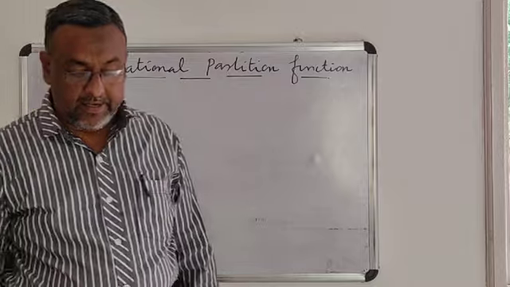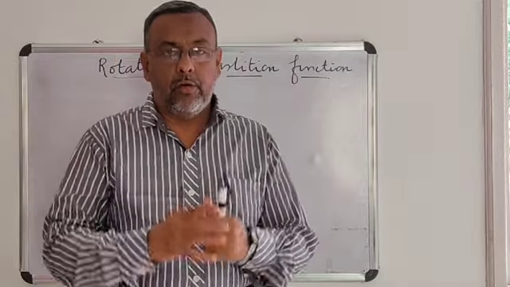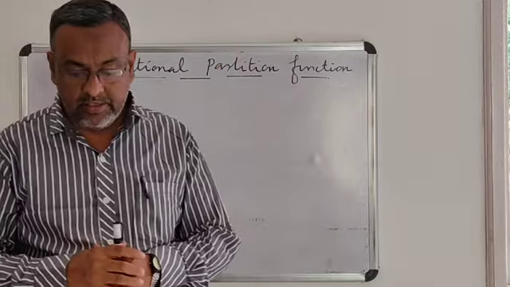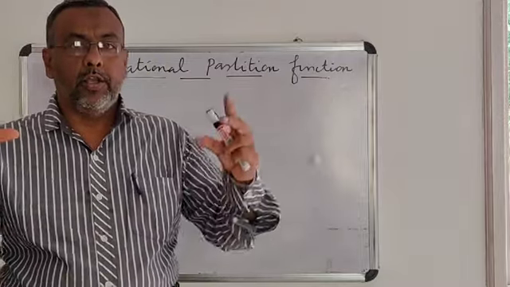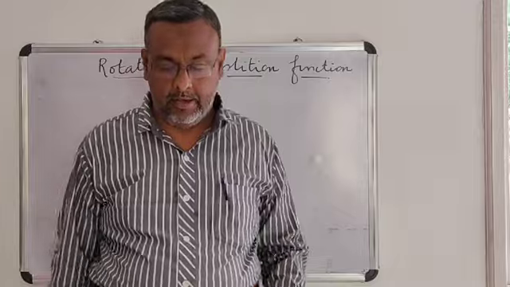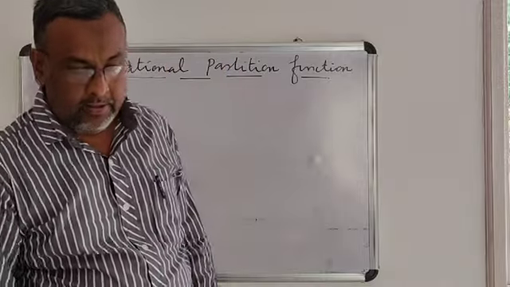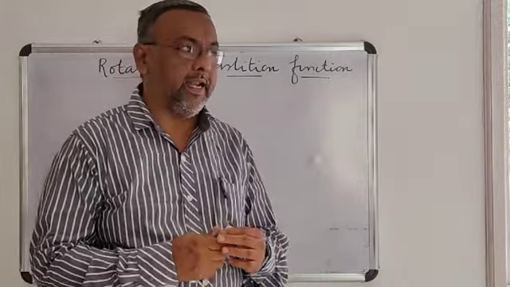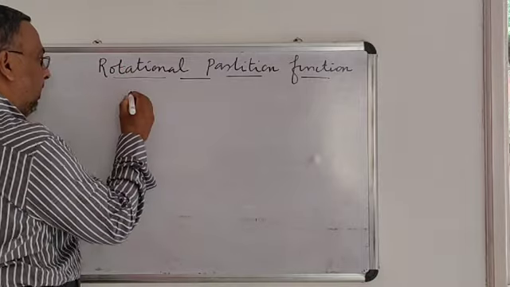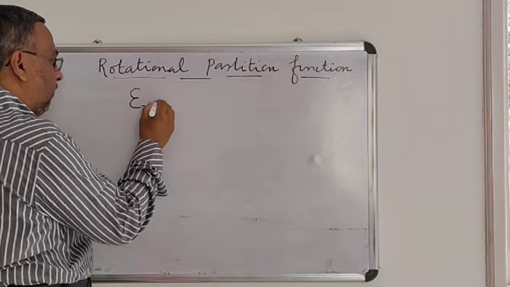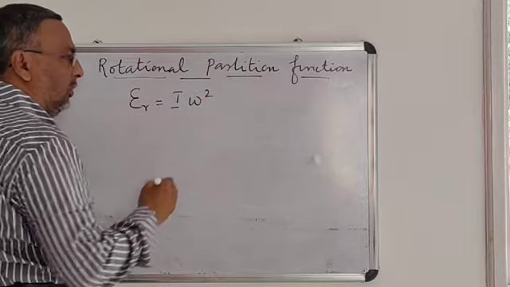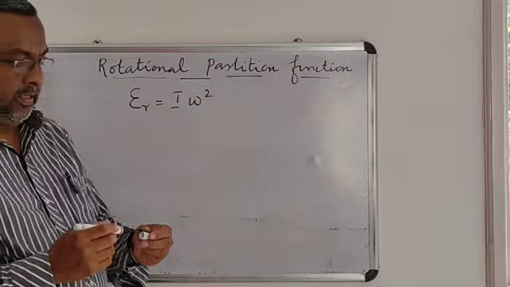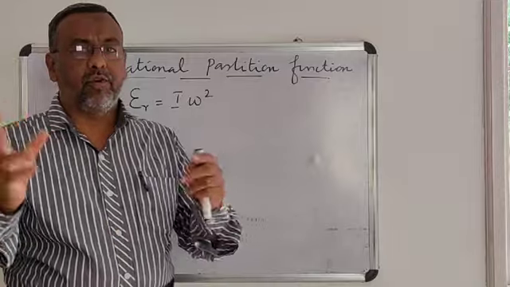Now let us consider a diatomic molecule as a rigid rotating dumbbell. The energy of rotation of a molecule is given by I omega square.